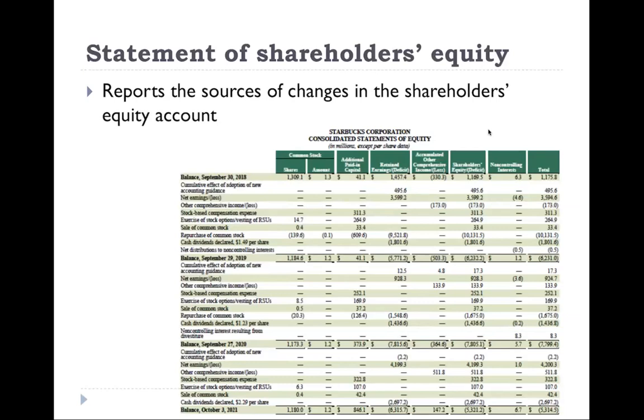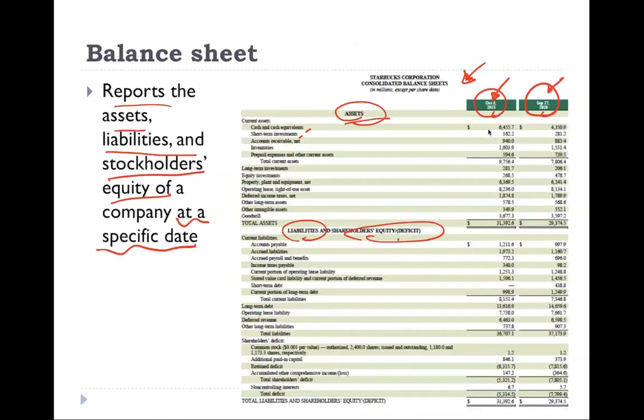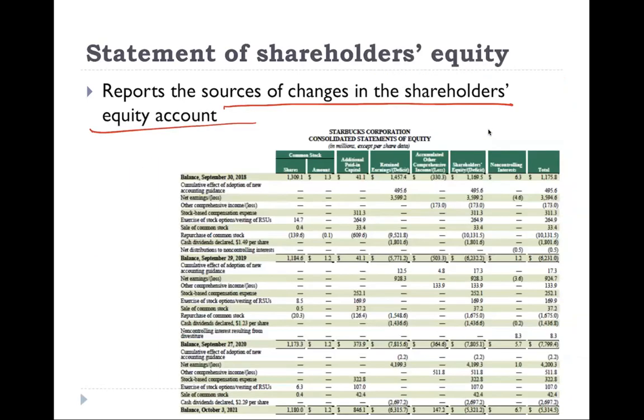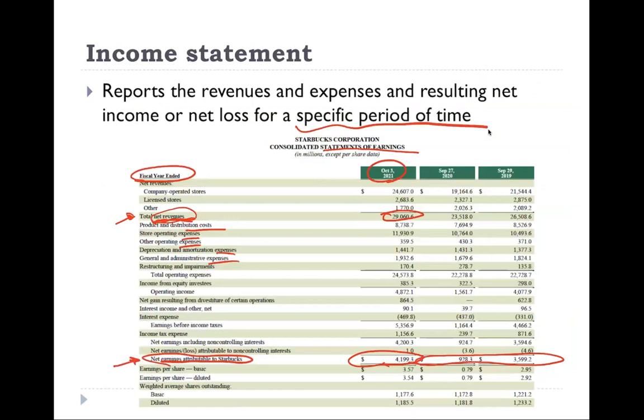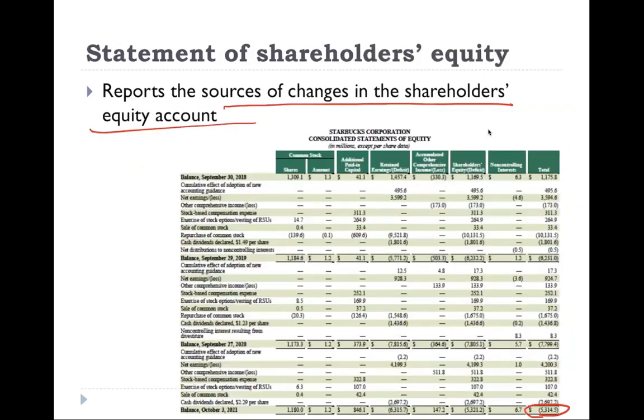Statement of stockholders' equity. This statement basically reports the sources of change in the stockholders' equity account. For example, on the firm's balance sheet you may see that the firm's total stockholders' equity is 5314.5, and you can see it from the statement of stockholders' equity as well.